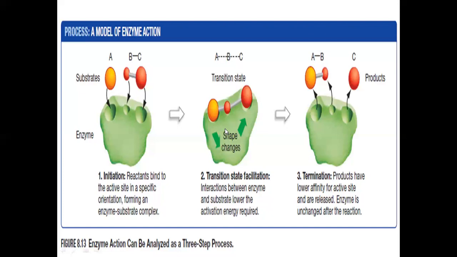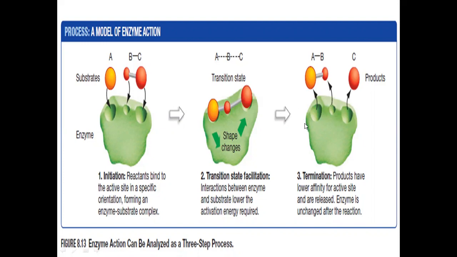And then there's the termination, where the products have a low affinity for the active site and hence are released. However, the enzyme is still unchanged even after the reaction. Unlike in the transition state, these reaction products, as we have said, have less affinity for the active site.